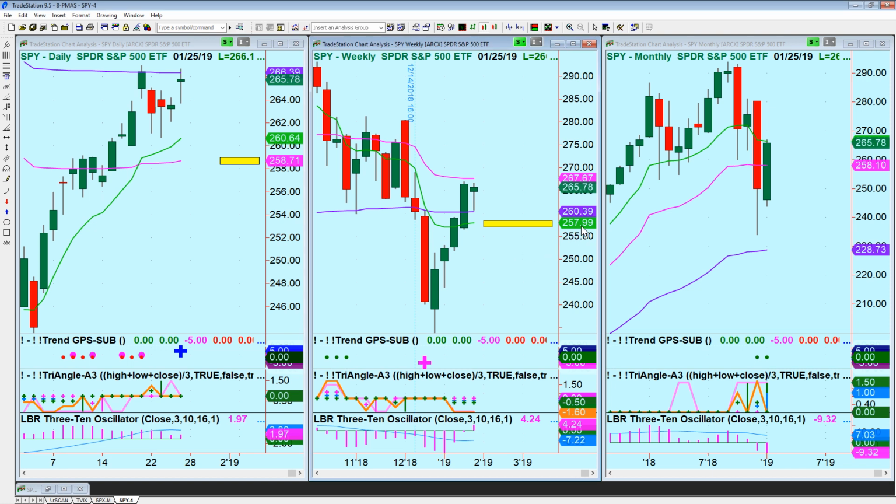Right here it is 257.99. On the daily, it tells us 258.71, and on the weekly, 257.99. That's almost 258, so they are only off by 0.72. They are very, very close. They might as well be identical values. That's 0.27% of difference.